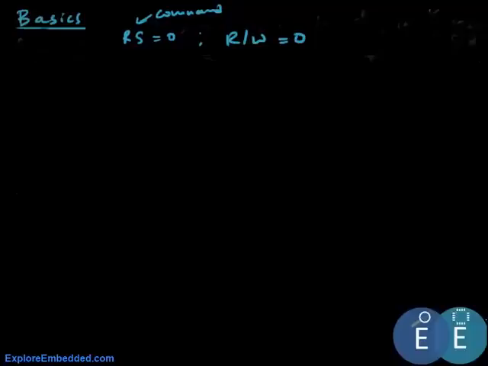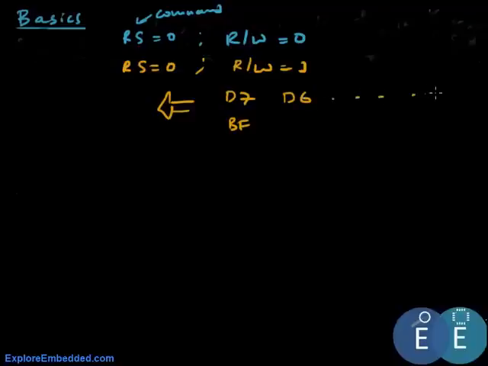Now we'll look at when the register select is 0, and when we read, what could we possibly read from the display. There is only one thing that we could read: if the LCD is busy, or it is free and we can dump in the next character. To do that, we simply set register select as 0, read write as 1, and what we get back on the data bus, on the D7 bit, is called the busy flag, and the D6 to D0 we can discard all of this.